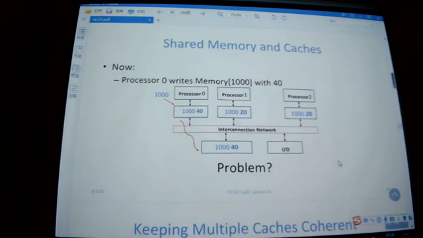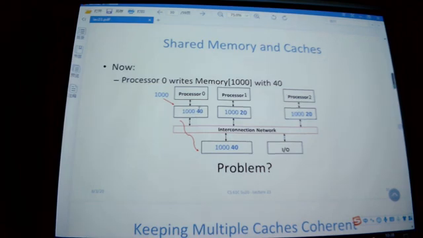Okay. Now processor 0 writes memory with 40 numbers. We can see the 40 numbers are transferred to this cache.